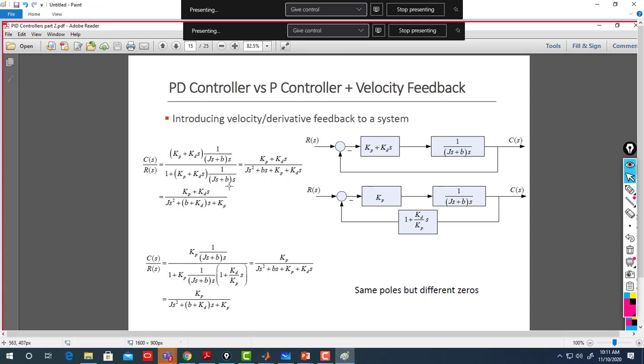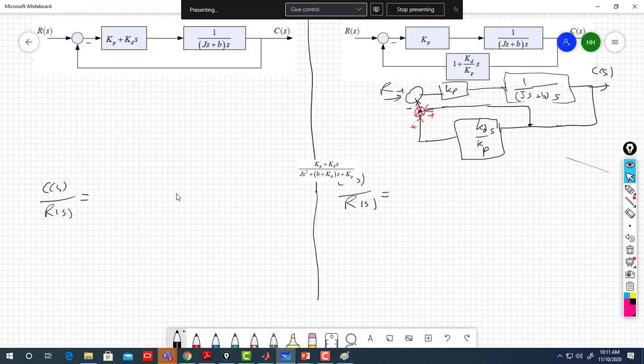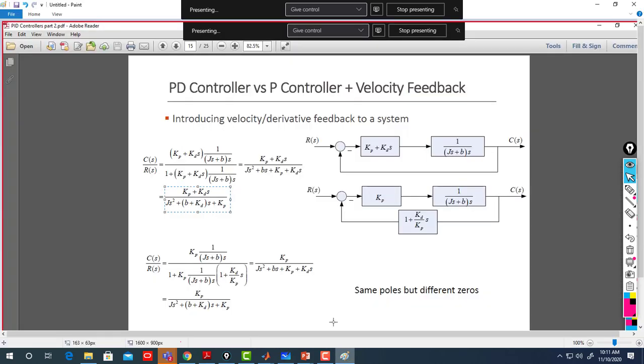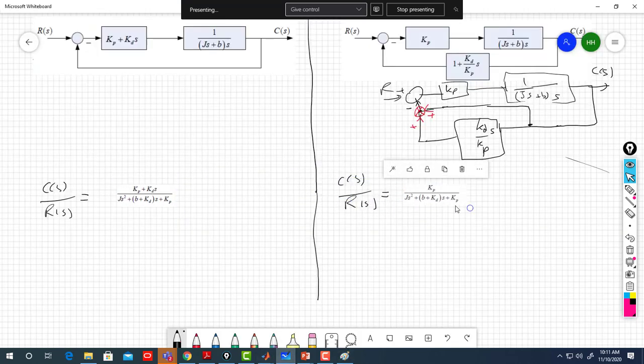Alright, so now this is what we want to copy, and the other one is this. Good.